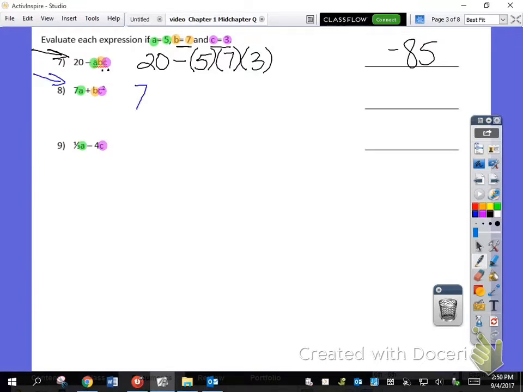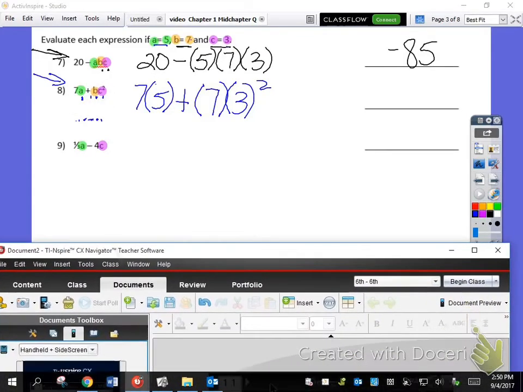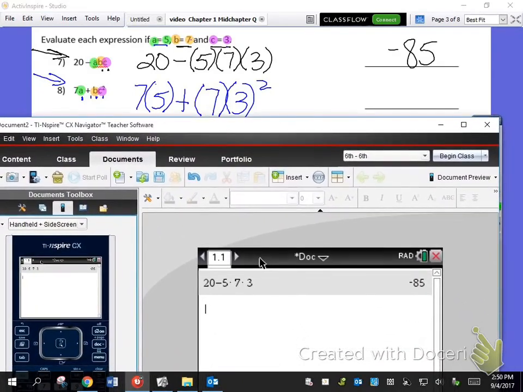All right, the next one, remember, always start from the left-hand side. I have 7, and then I have parentheses, A is 5, plus B is 7, parentheses, C is 3. Now that exponent 2 always goes on the outside. Always. Okay? So, let's plug that in.